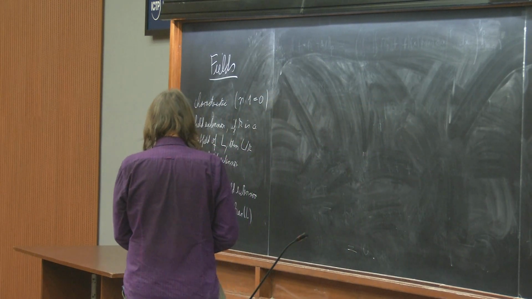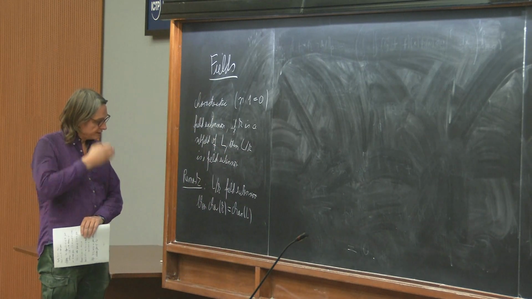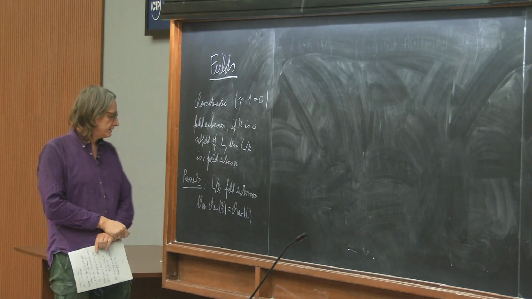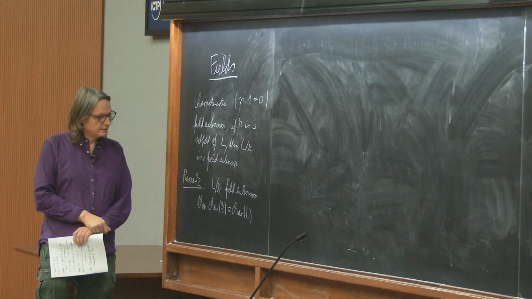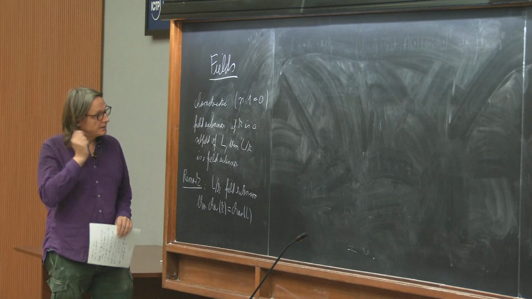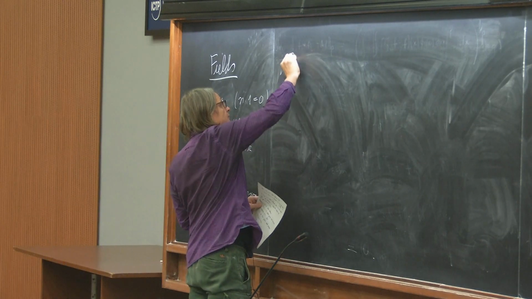The first thing is we want to introduce an important invariant of a field extension, which is the degree. The point is that if L over K is a field extension, then L is in a natural way a K-vector space, and the degree would be the dimension of this K-vector space. So it's the following remark.